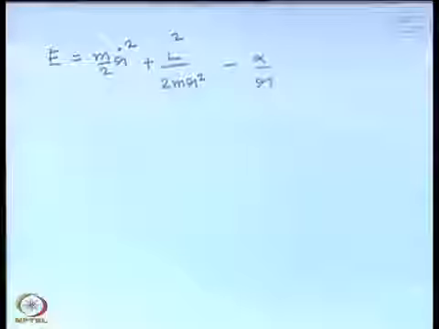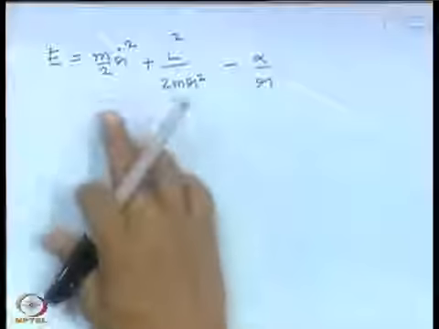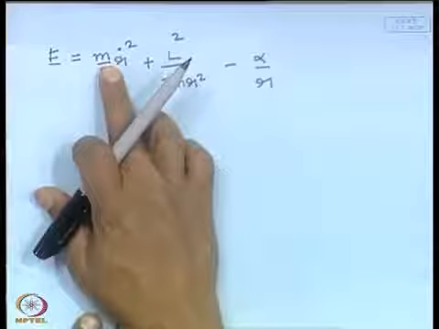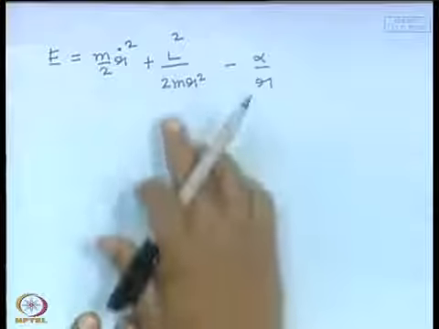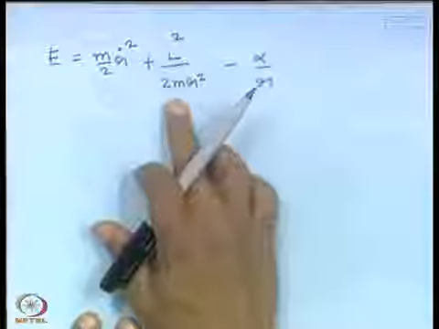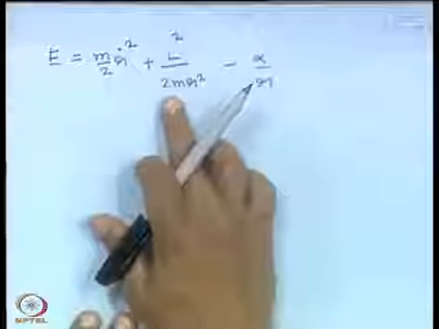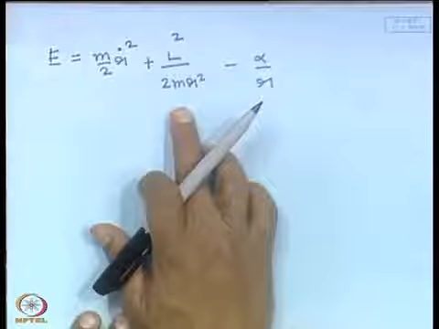Let me remind you what each term stands for. This was the kinetic energy of the radial motion, this was the kinetic energy of the tangential motion, which we wrote in terms of the angular momentum.